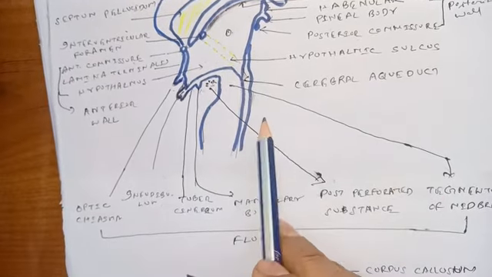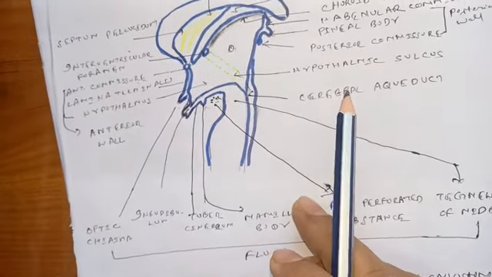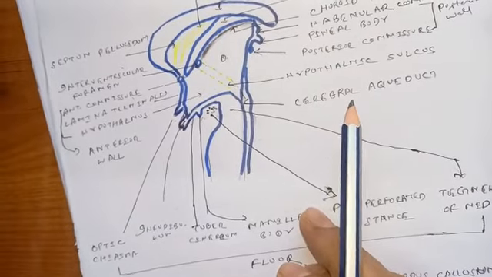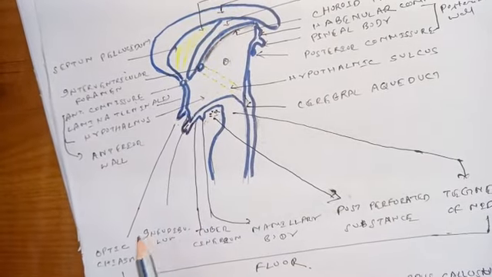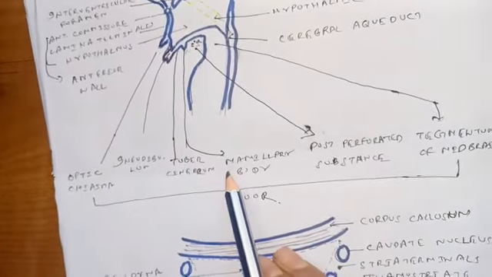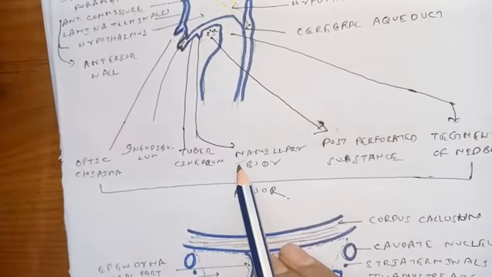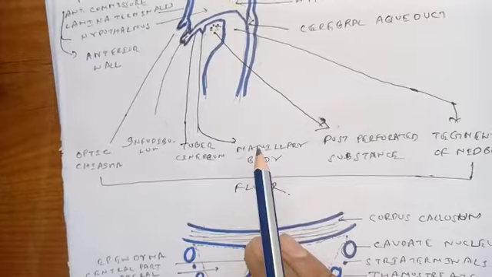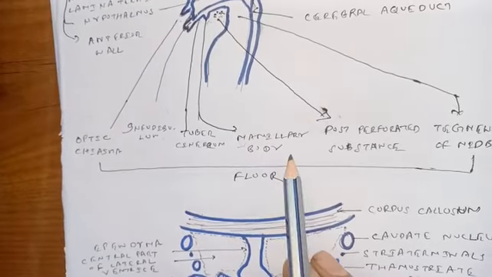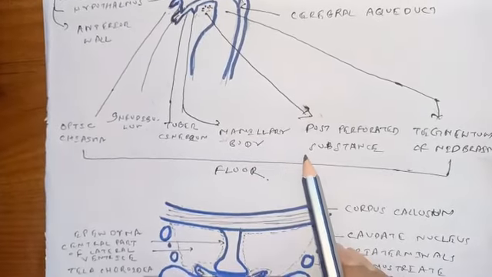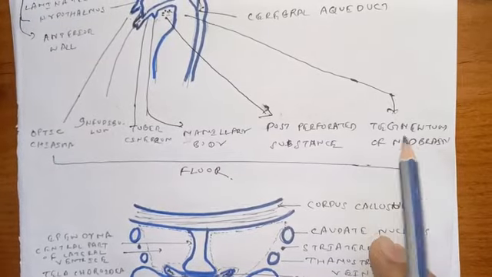This is the tegmentum of the midbrain. In the figure, I have shown the floor of this third ventricle: the optic chiasma, the infundibulum, the tuber cinereum, the mammillary body, posterior perforated substance, and the tegmentum of the midbrain.